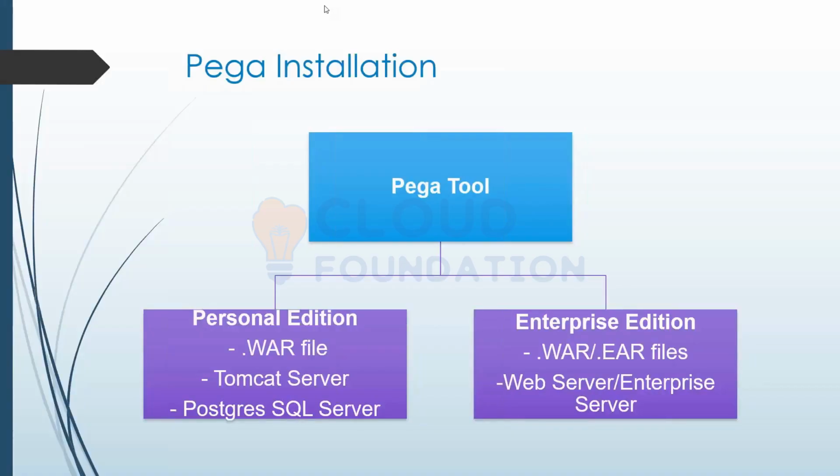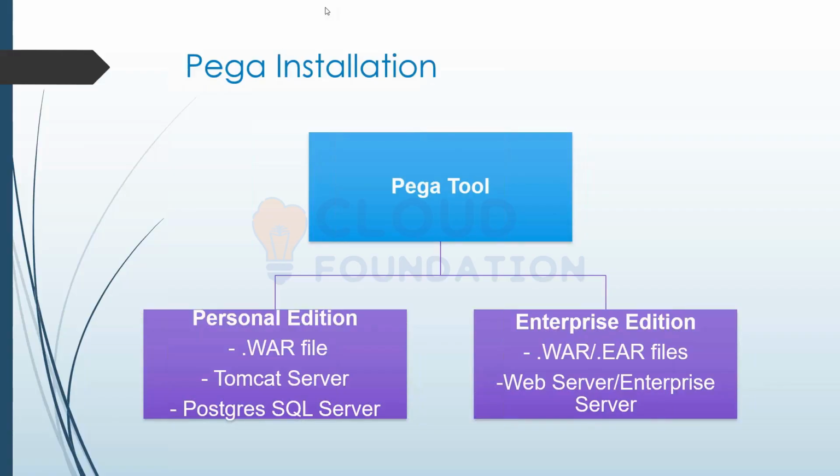And also talking about the installations here, I can do it in two ways. One is the personal edition, which is like a practice version of the platform. You can't use this one for enterprise use, it's not allowed.